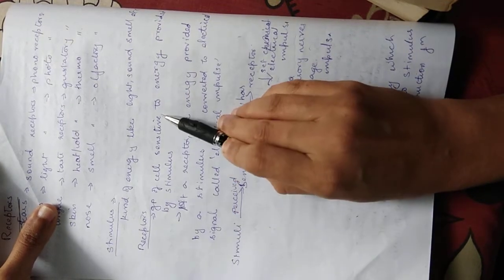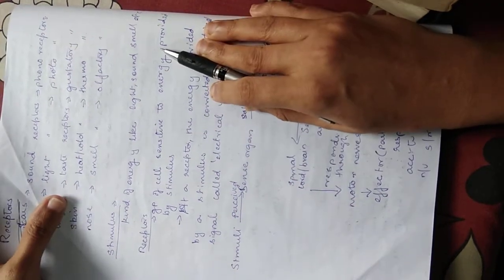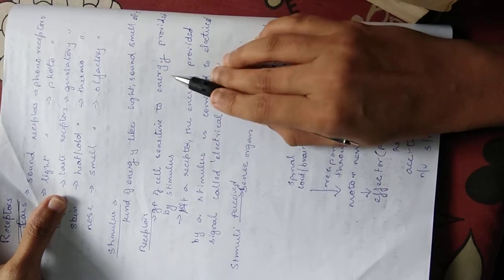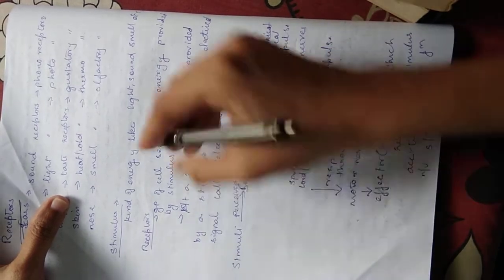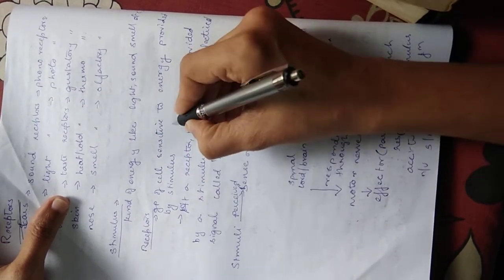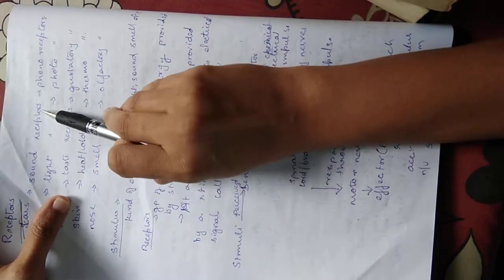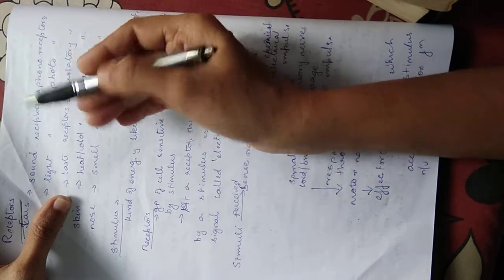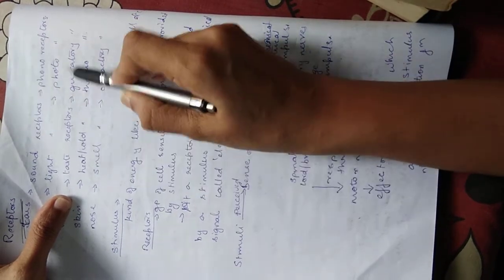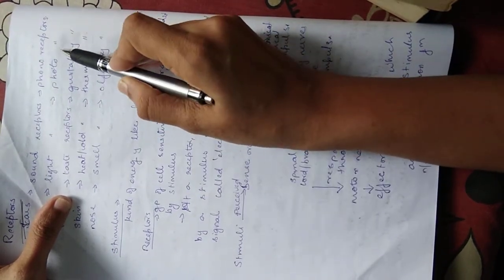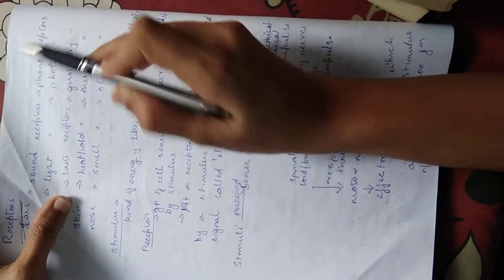Now what are receptors? Receptors are a group of cells which are sensitive to the particular energy provided by the stimulus. Sound is a form of energy, so the sound receptors are very sensitive to sound. Light is a form of energy, so photoreceptors are sensitive to light.